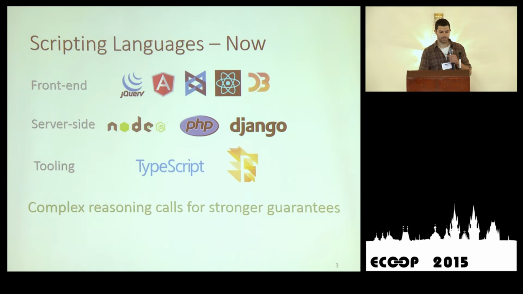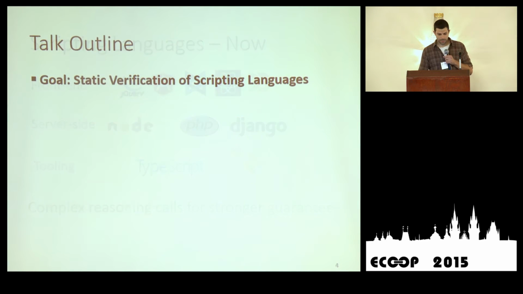But as applications become more and more complex and reasoning about them is complicated, this calls for stronger guarantees. And this is exactly the purpose of this talk, namely static verification of scripting languages.